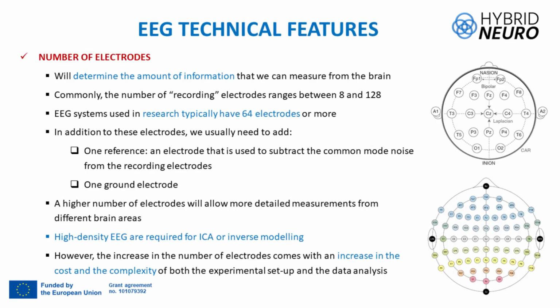We can use just a few electrodes, especially in children, 8 electrodes for example, in newborns, etc. And we can also increase the number of electrodes. When I started analyzing EEG, usually the number of electrodes was 19, which is this picture.